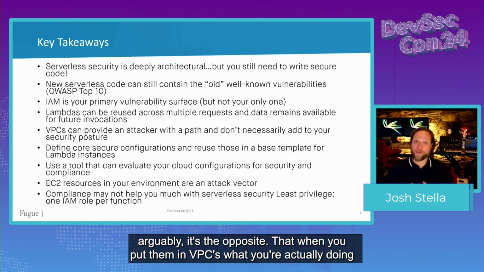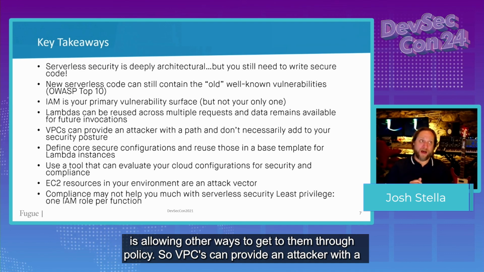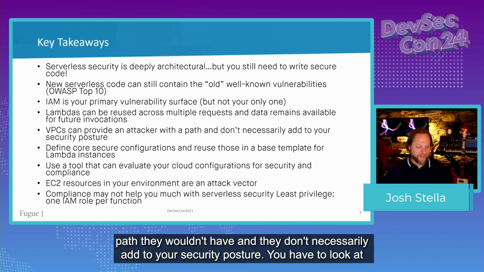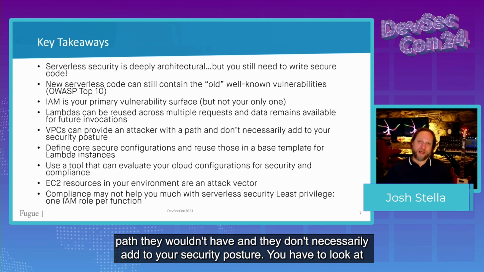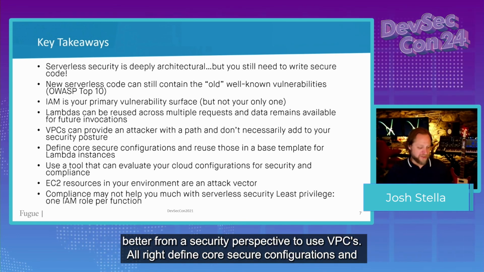When you put them in VPCs, what you're actually doing is allowing other ways to get to them through policy. So VPCs can provide an attacker with a path they wouldn't have, and they don't necessarily add to your security posture. You have to look at your specific app to do your own analysis of this, but I think usually it's worse, not better, from a security perspective to use VPCs.